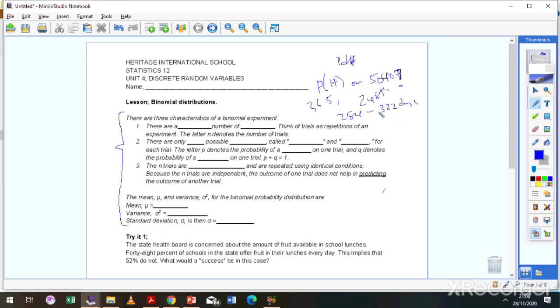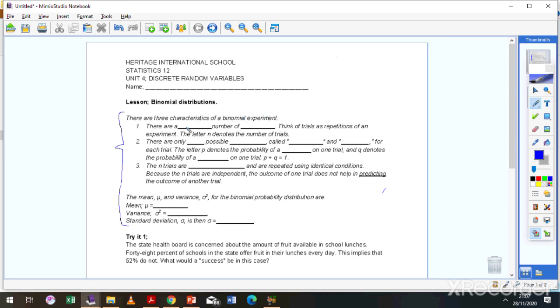Just random things like this. If you have so many trials of an experiment, then it becomes difficult or impossible to have a probability distribution function for those probabilities. What can be useful is a binomial distribution, which is helpful for a large number of trials.